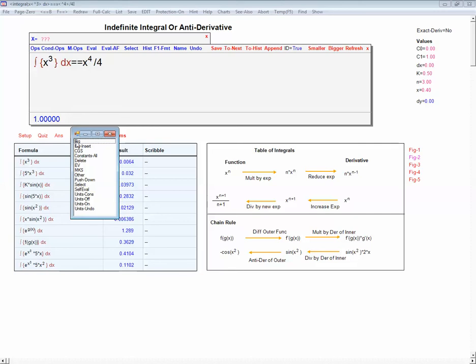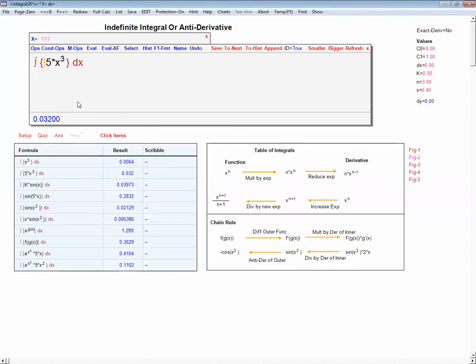Now let's look at this one here. This one you can always take constants and move them outside the integral, because integration again is a linear operation. I haven't proven it, but since differentiation is a linear operation, integration is also a linear operation.